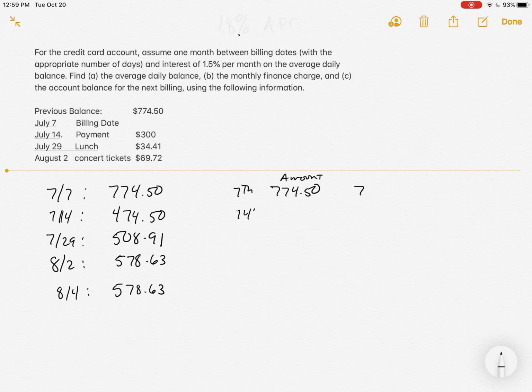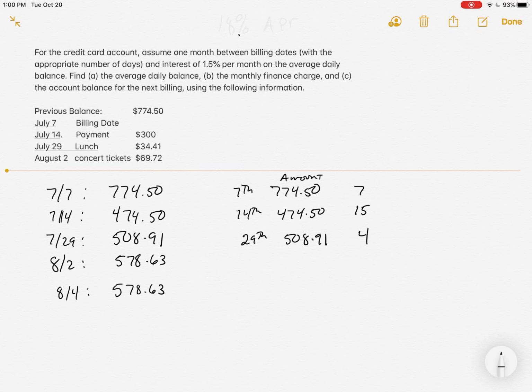Then on the 14th, it drops to 474.50, and it stays that way for the next 15 days up until we get to the 29th, when it jumps up to 508.91 and stays that way for July 30th, 31st, 1st, and 2nd, so for the next 4 days.